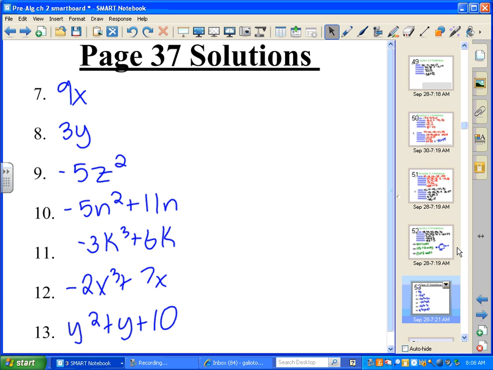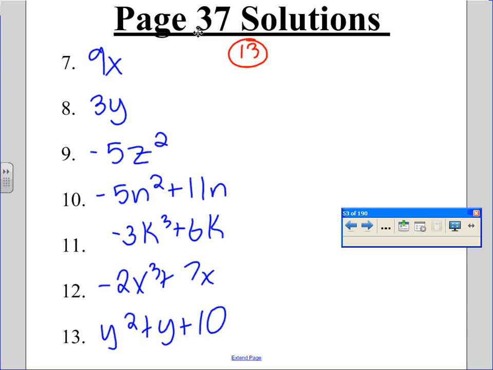Okay, Sean, I'm just going to write 13 up here if you don't mind. I'll keep it up here just in case. Okay, 13, we have 2y squared minus 3y plus 4y minus y squared plus 10. All right, ready for the shapes? So 2y squared minus 1y squared, Sean, is what?